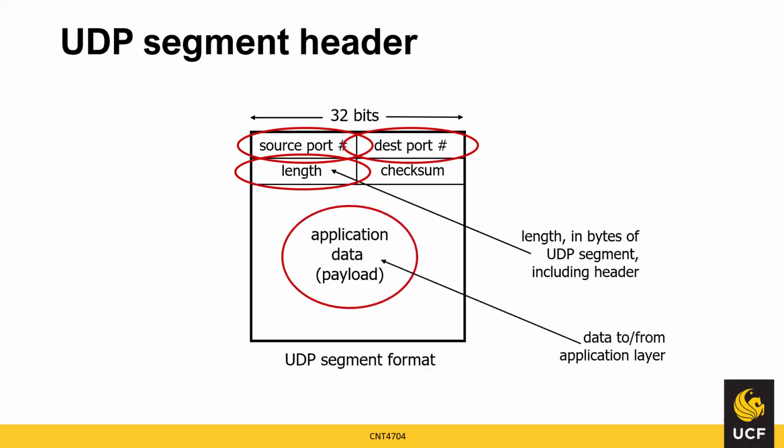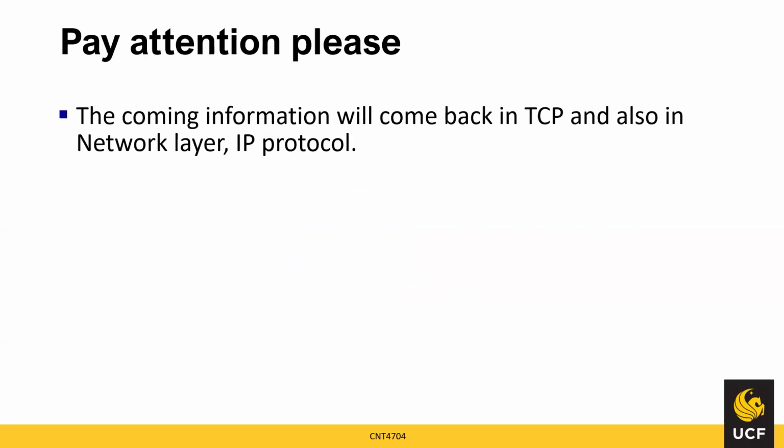The payload itself is whatever is getting sent from the client or getting sent from the server back to the client. And this is the checksum that we're going to talk about more. It is a way to check if the packet does belong to the actual user or not. So that is what UDP consists of. These are the only fields that are included in the protocol, the RFC protocol, and included in the segment header itself.